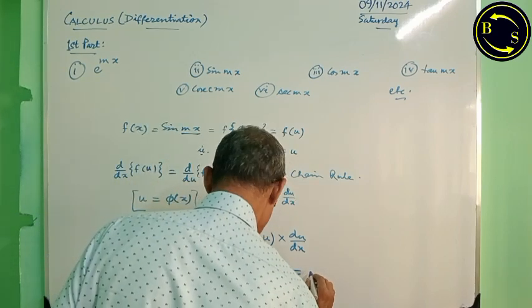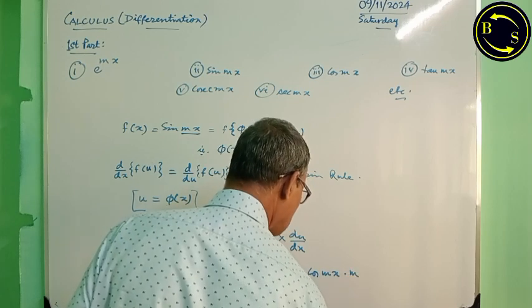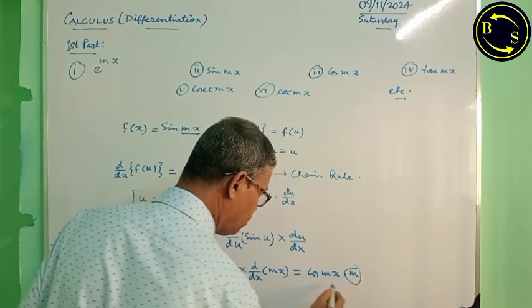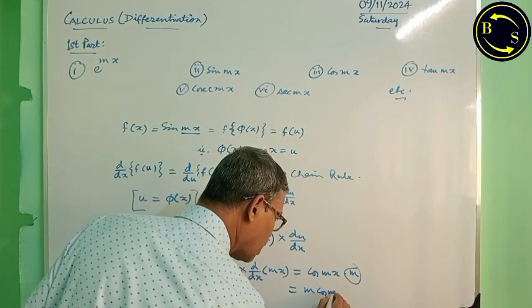Finally, it is cos mx into m. We take this m in front, m cos mx.